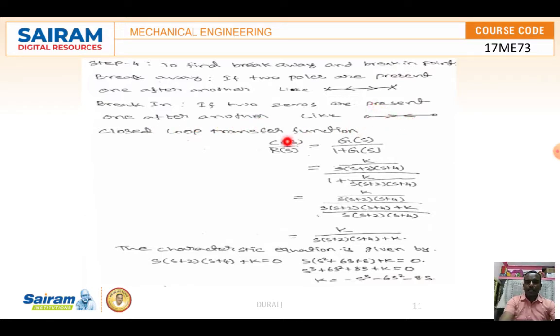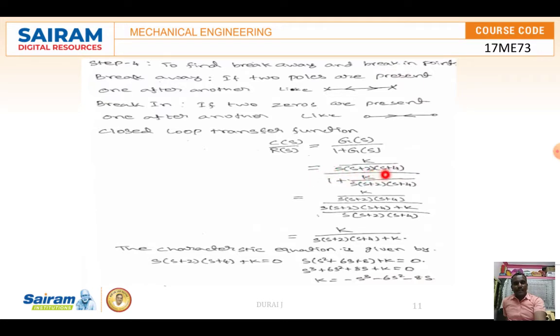Then we are going to take the closed loop transfer function, C of s by R of s, where G of s is whatever is given in the question. So C of s by R of s is equal to G of s by 1 plus G of s, with G of s equal to K by s into s plus 2 into s plus 4.